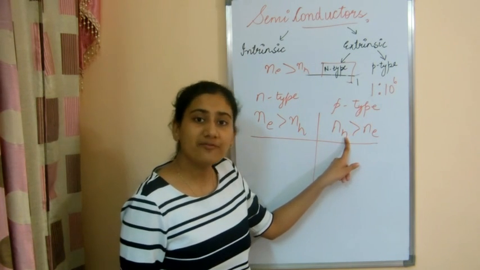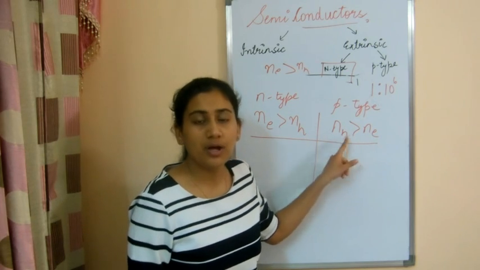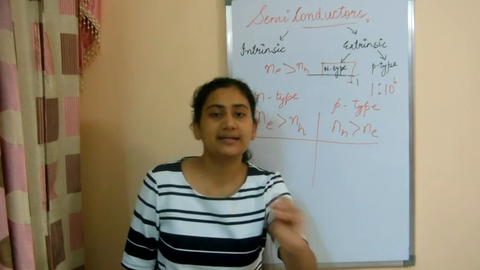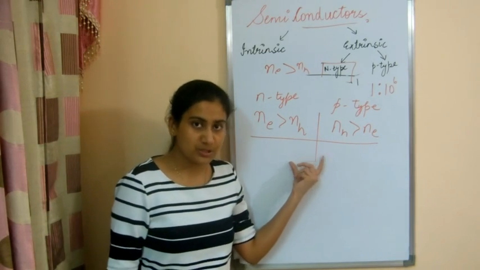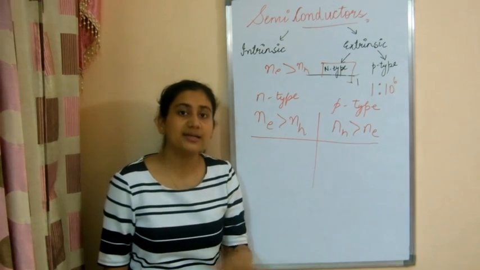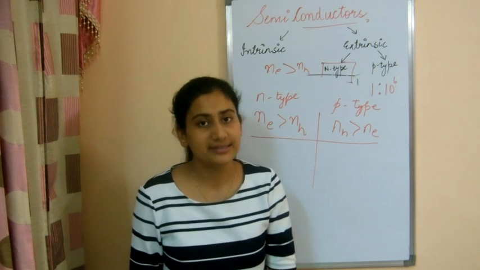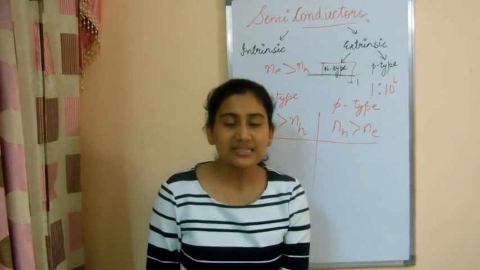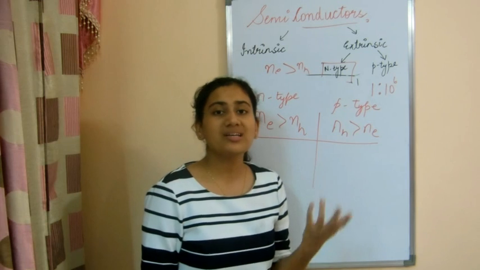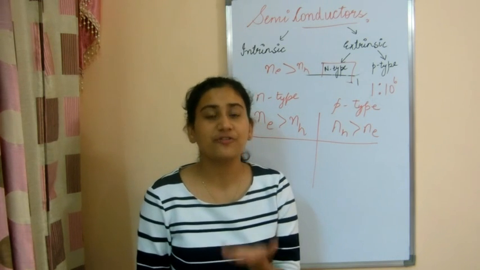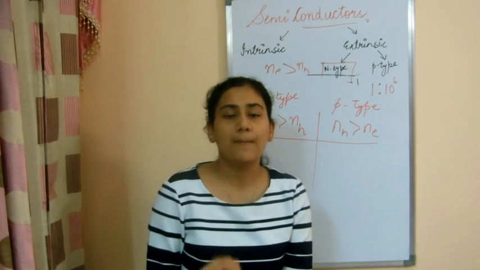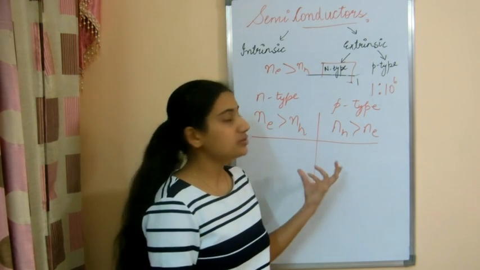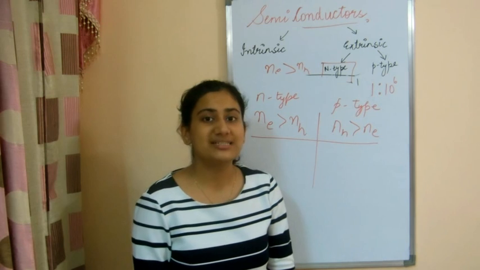And in p-type we have more holes as charge carriers, because a vacancy is always created when an impurity is added. So the current produced by an extrinsic semiconductor is always more than that of intrinsic semiconductors. That is why these were formed, because in normal conditions, for practical use, intrinsic semiconductors gave a very low amount of current. So this is the basic concept of extrinsic semiconductors.